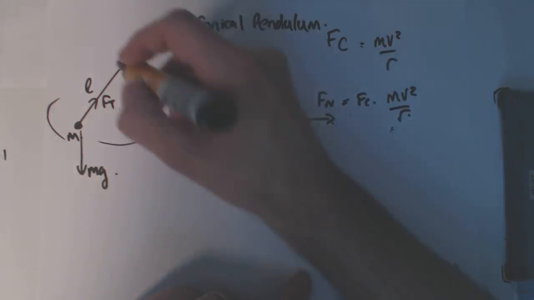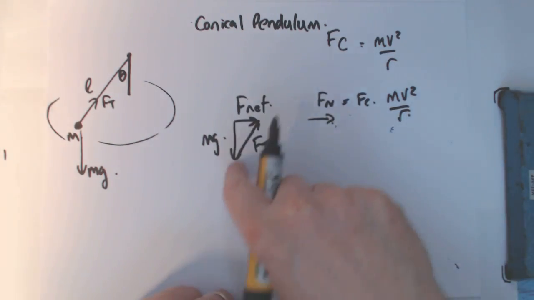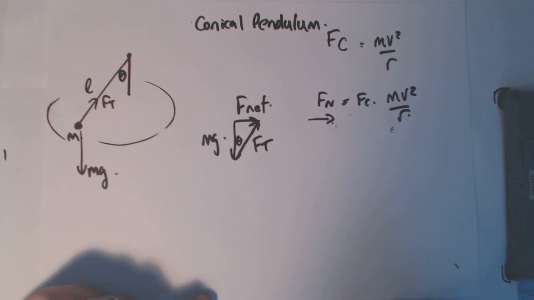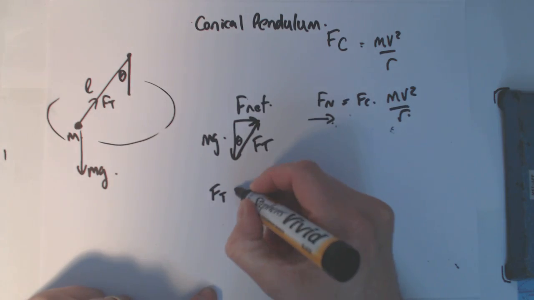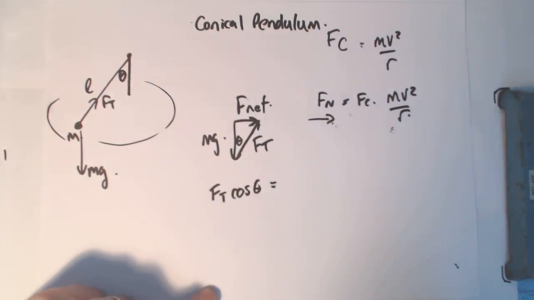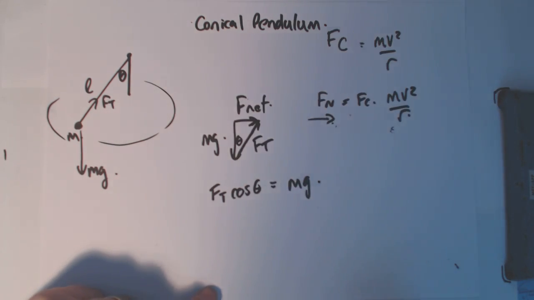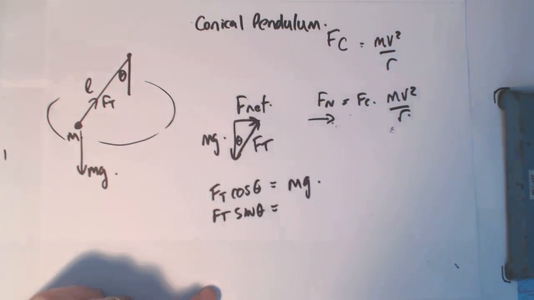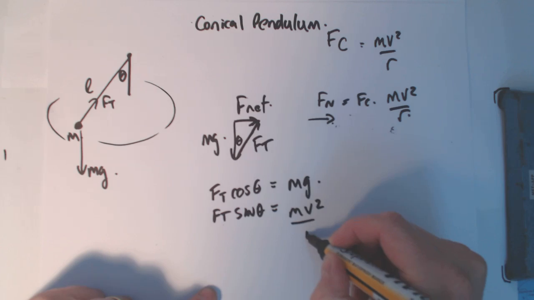Now, what about angles? This angle between the vertical and the string we'll call theta. So that's the vertical, that's the angle of the string, so that also is called theta. Now we can work out a few things here. We could say Ft times cos theta is going to be equal to mg. We can say that. We can say Ft sine theta is going to be equal to F net, which we've already said is the centripetal force.